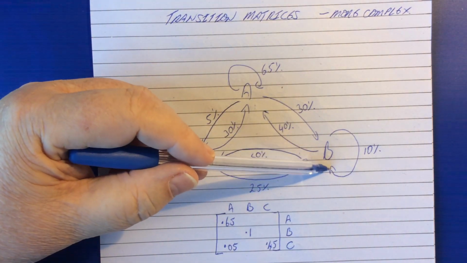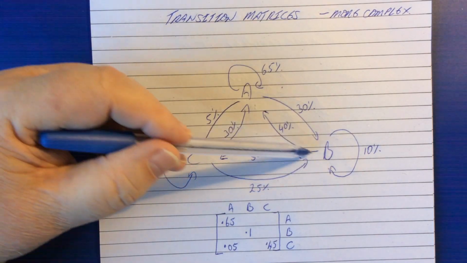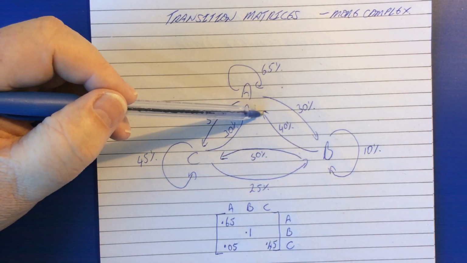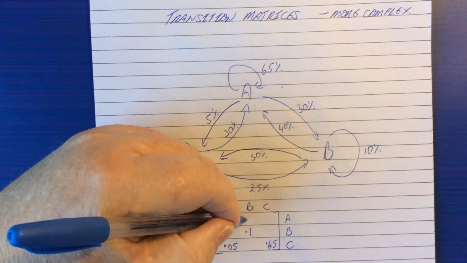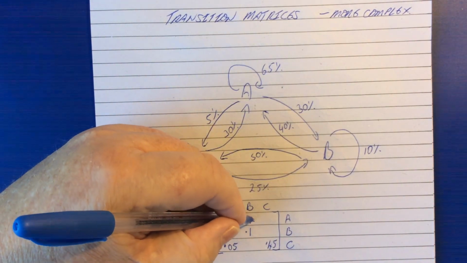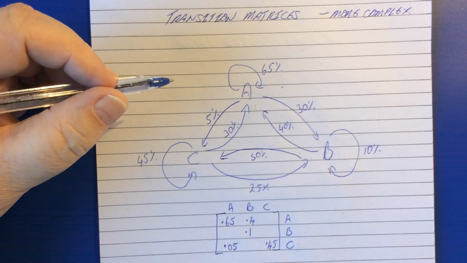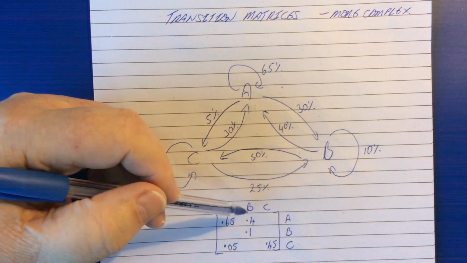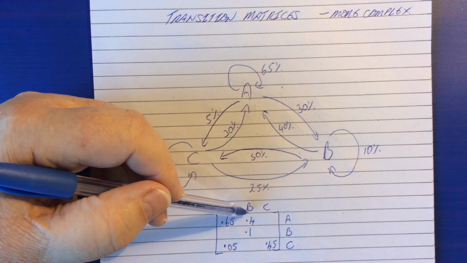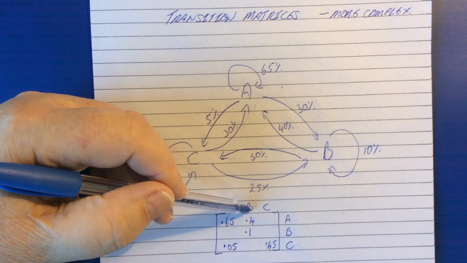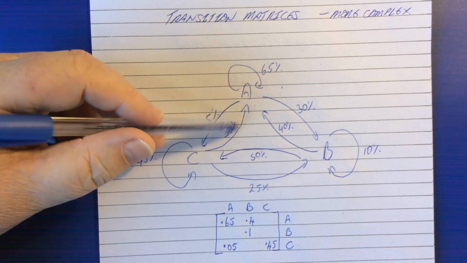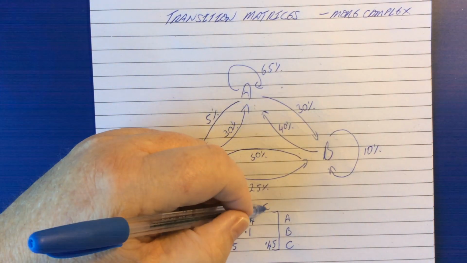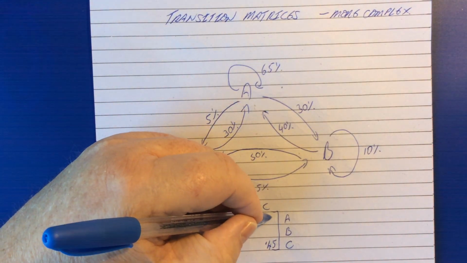People in position B initially move at a rate of 40% to position A. So B to A is 0.4. And people in position C move to A at a rate of 30%. So C to A, 0.3.